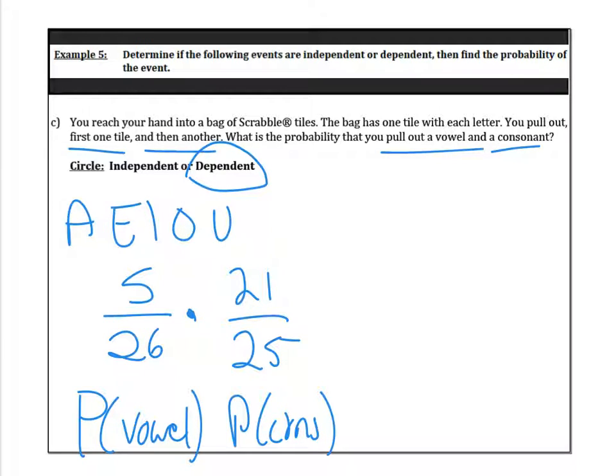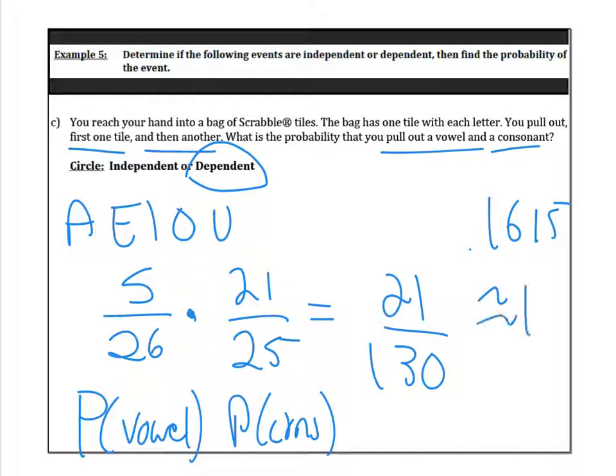So that's going to be 5 divided by 26 times 21 divided by 25. So that simplified becomes 21 out of 130. Convert to decimal, 0.1615, or approximately 16.15%. That's what that answer is going to look like.